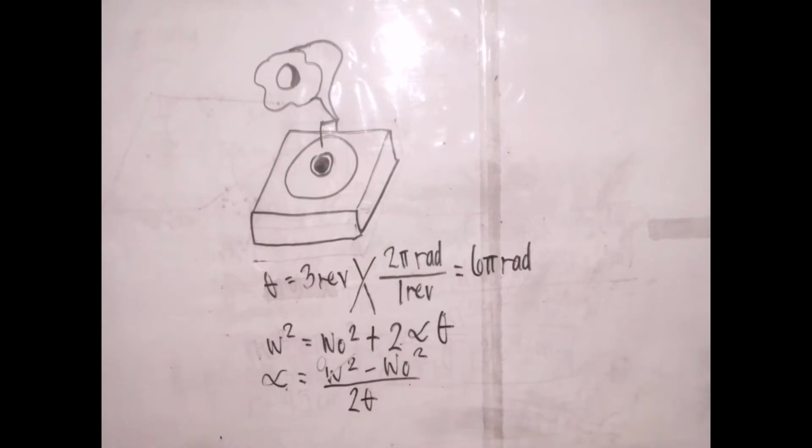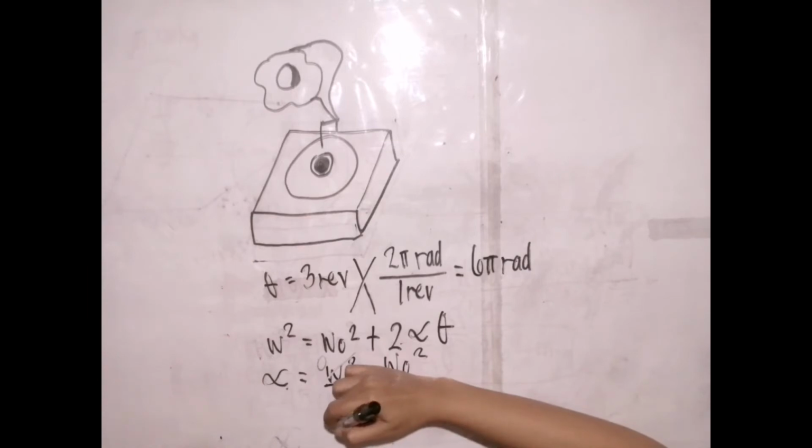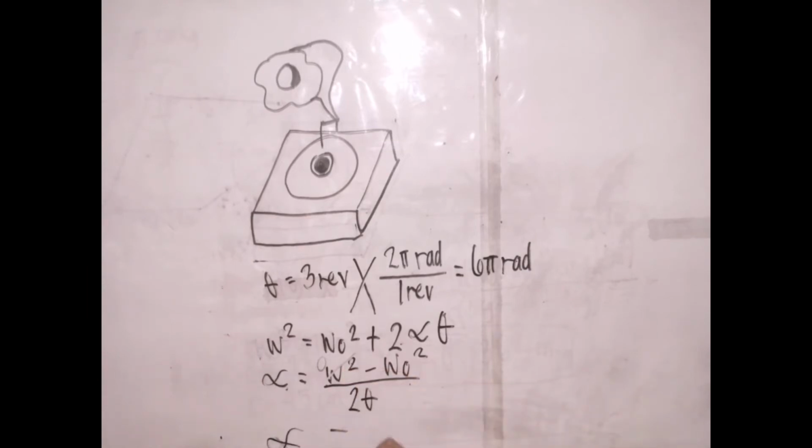So we can cancel this out and we can use the negative. Yan. So now, alpha is equal to negative initial angular velocity squared over 2 times the angular displacement.